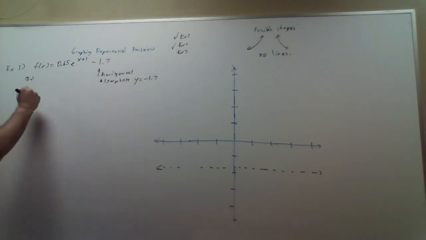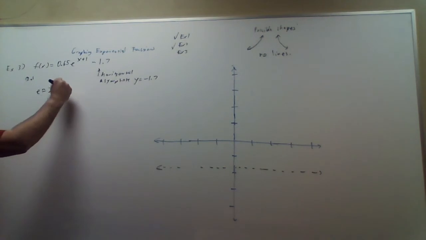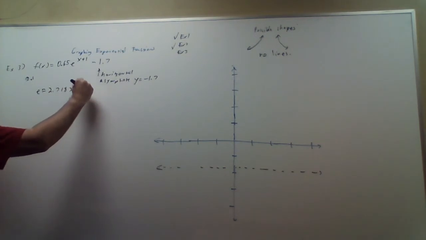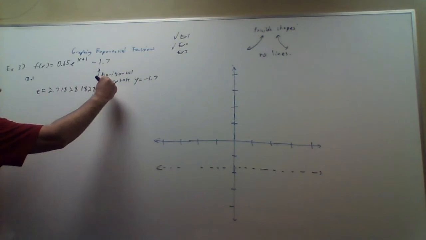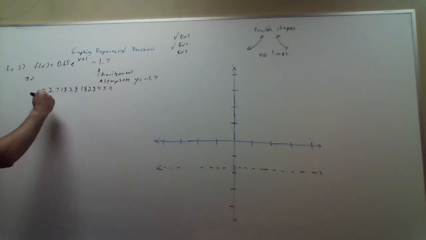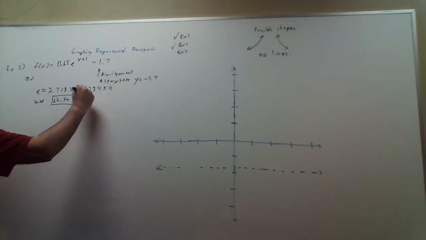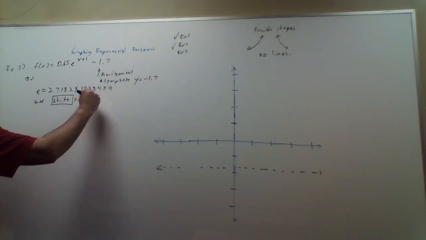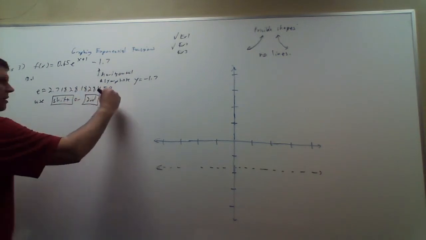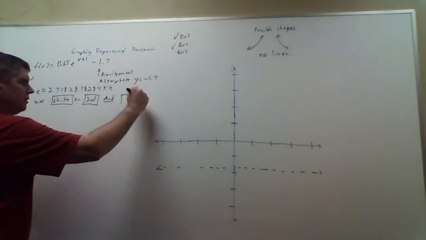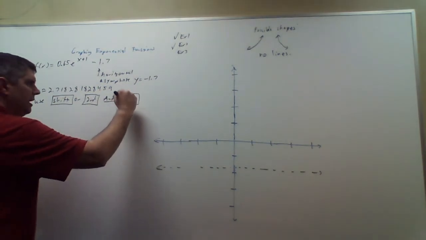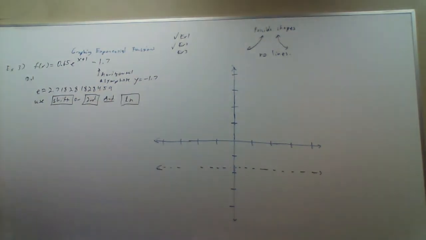Remember that e is approximately 2.71828. Use shift or second on your calculators and ln, the natural log function. It may look like IN on some calculators.